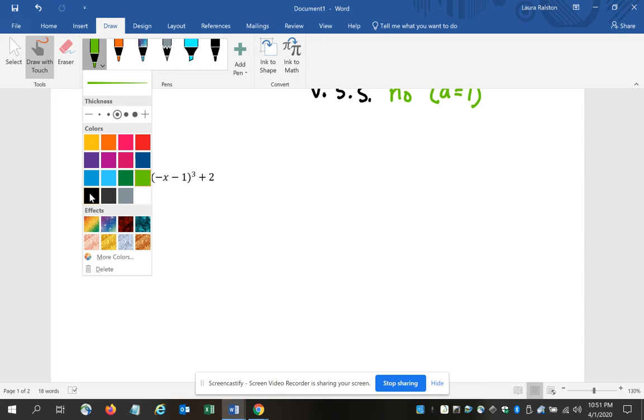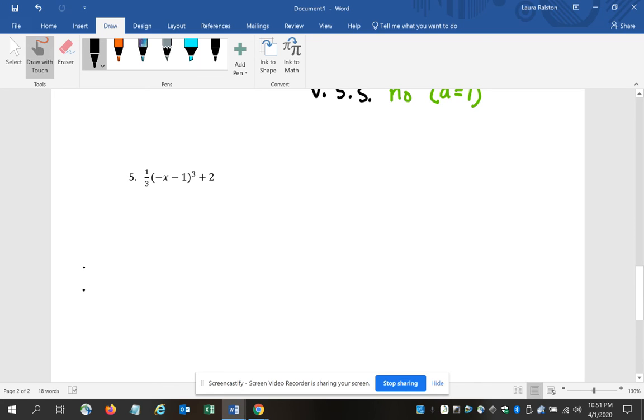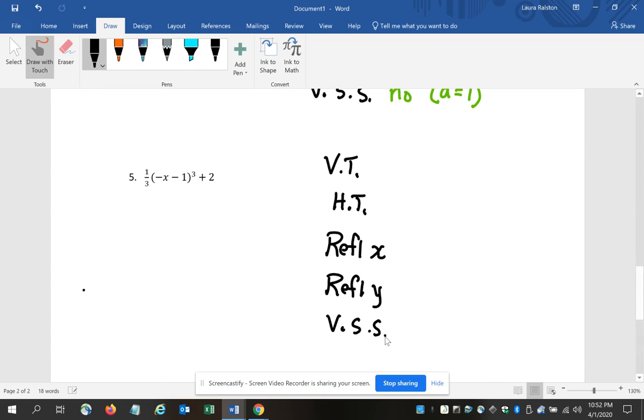One more. We have +1/3 times the quantity -x minus 1 to the third plus 2. This is your cubic. Again, you have to be able to tell me the vertical translation, horizontal translation, whether there's a reflection on x, reflection on y, and whether there's a vertical stretch or shrink or compression, which is the term I believe they use.